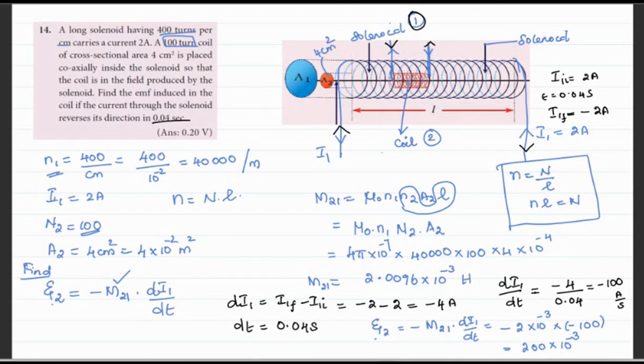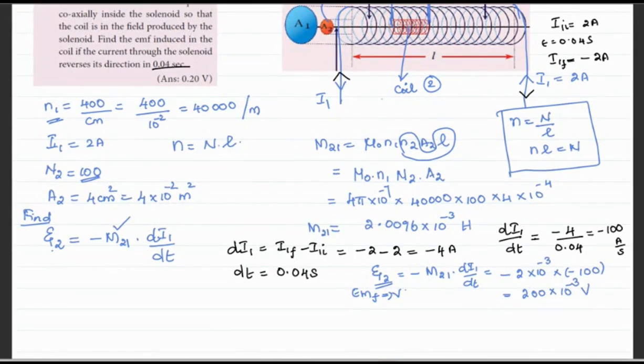Epsilon is the EMF, which is a voltage, and its unit is volt. So 200 into 10 power minus 3 volt, which is 0.2 volt. This is the EMF induced in the coil, or equal to 200 millivolt. You can write it either way. Okay, that's it.